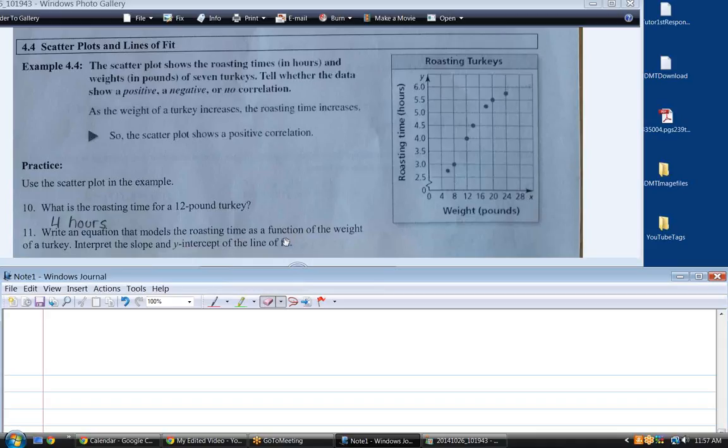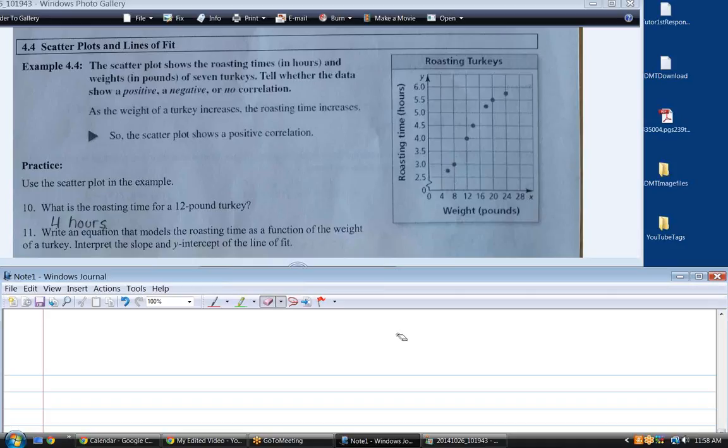What is the slope of this line? Pick 2 easy points. I would pick this point here because I know its x and y coordinates. This point here, I'd have to guess. So pick that point.